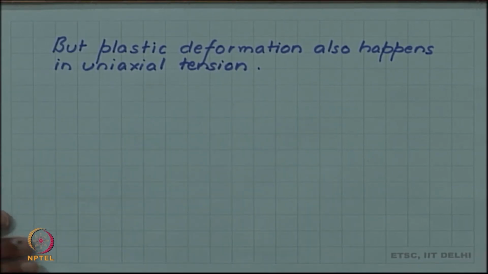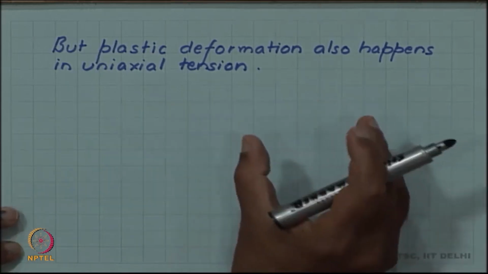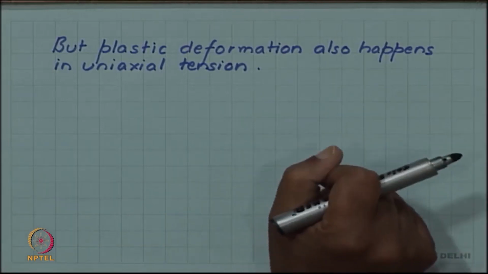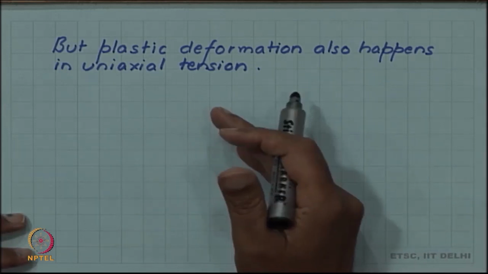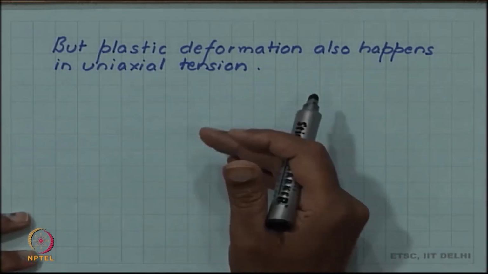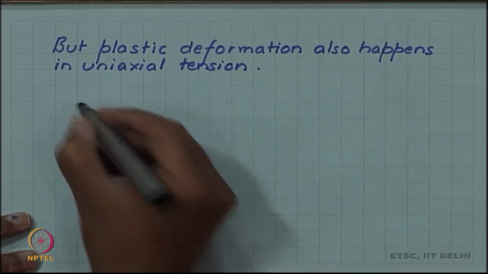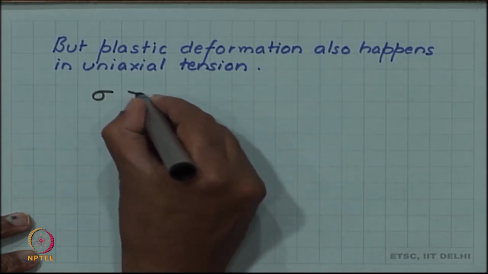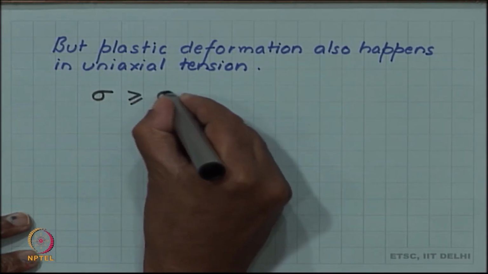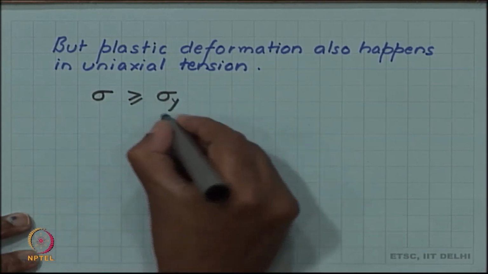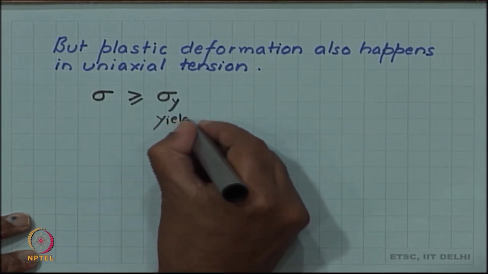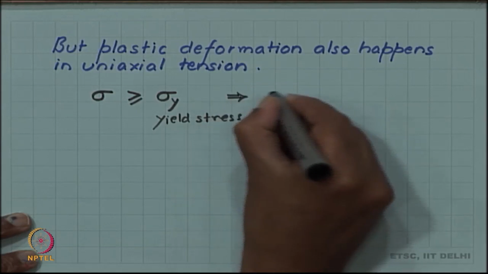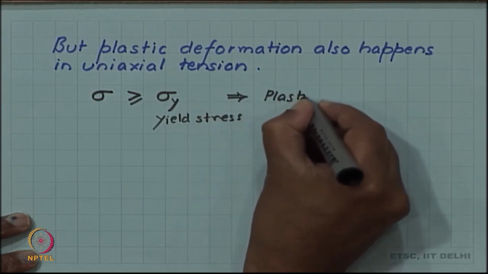In the beginning of this chapter, we discussed uniaxial tensile test as an important test for deriving mechanical behavior of the material, and there we saw that initially, although the material deforms elastically, when the tensile stress reaches a critical value of stress called the yield stress sigma y, then plastic deformation happens in uniaxial tension.